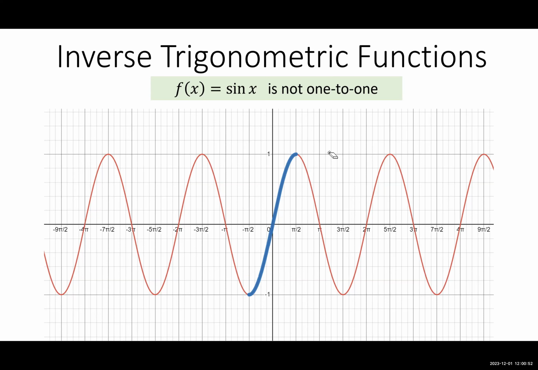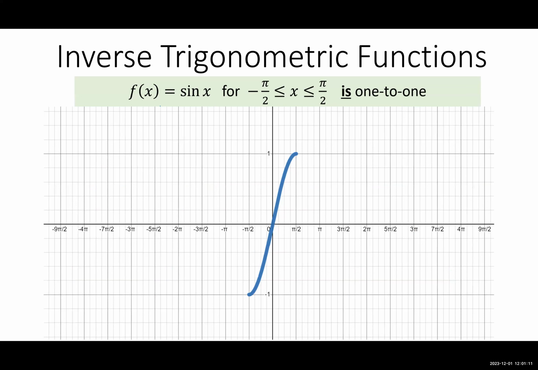So if we're going to talk about the inverse of the sine function, we can't look at the whole graph. We can't look at the whole domain. We have to restrict the domain and look at only a piece of the graph. So if we look at the graph of sine of x only for x values from negative pi over 2 to pi over 2, then this function is one-to-one.